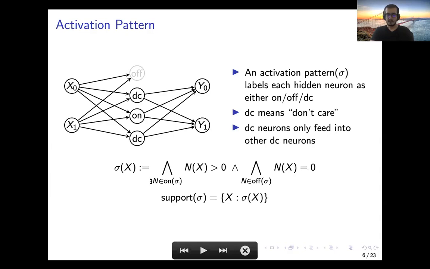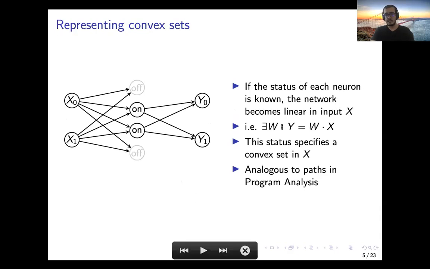So the set of inputs that satisfy a particular labeling can be identified as follows. For each neuron which is labeled as on, we place the constraint that the output of this neuron is positive. And for each neuron that is off, we place the constraint that the output is 0. This set is a convex set because, in short, if every neuron is either labeled as on or off, then the output of that neuron is a linear function of x.